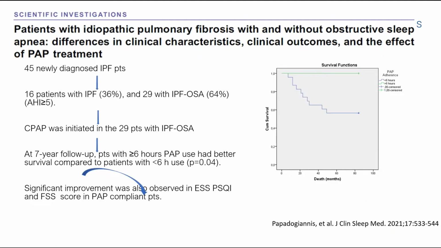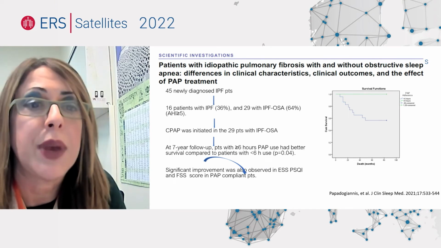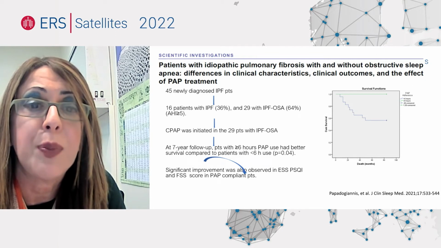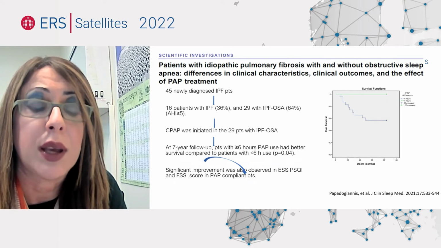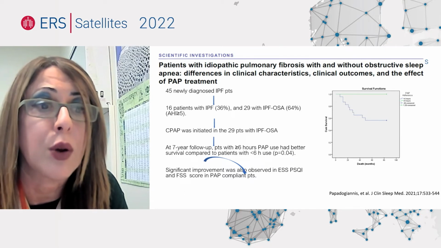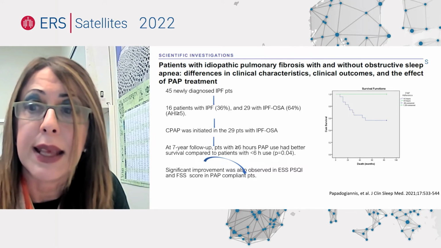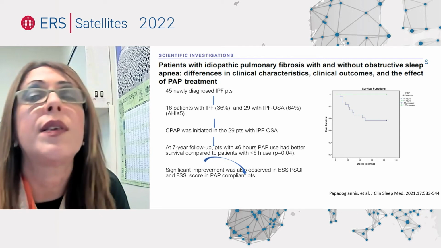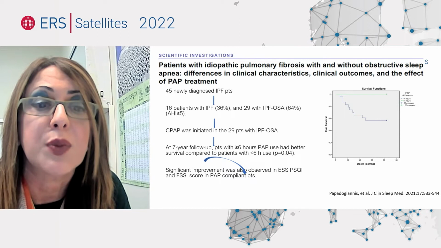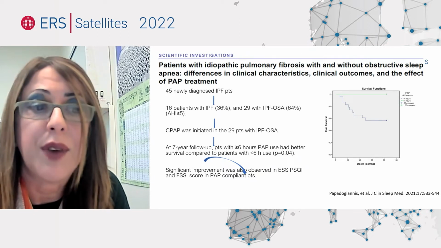of life. In this study, in the PhD thesis, we identified that in patients with IPF and OSA, which was more than 60% in our cohort, CPAP therapy was initiated, and patients that were compliant with more than 6 hours of PAP use, at a 7-year follow-up, had better survival.